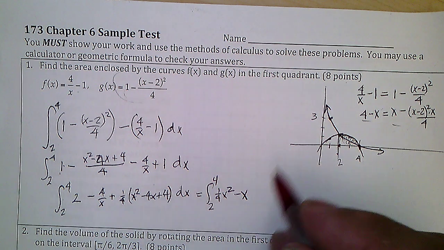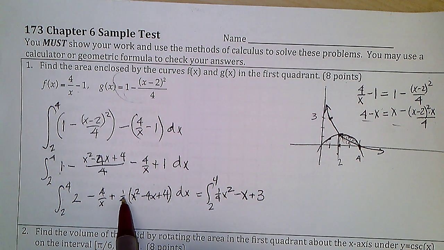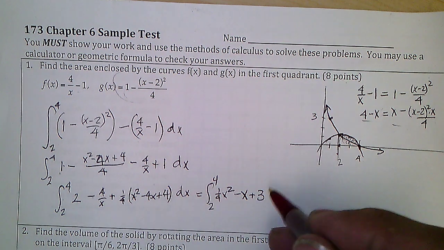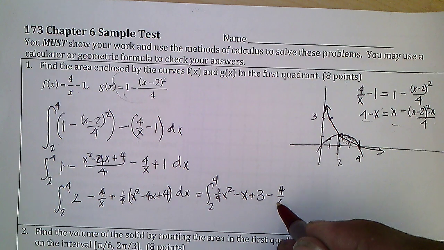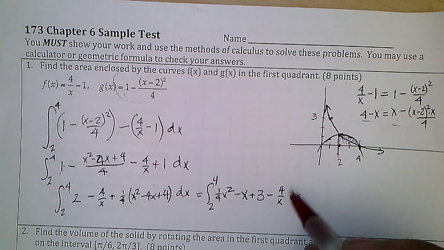And 2 plus 1 is 3. And then minus 4 over x dx.